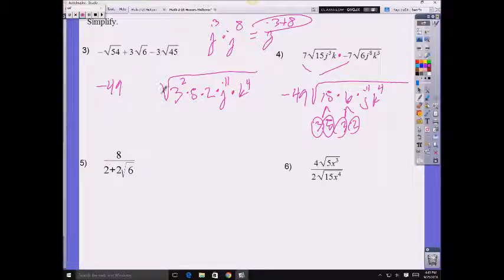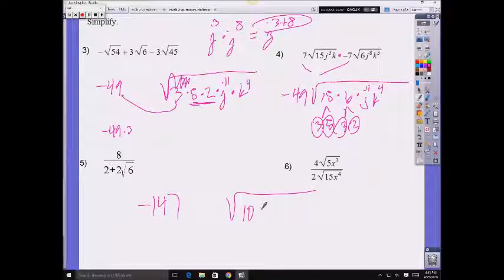Okay, so this square root is going to kill that square right there. So 3 comes out. So it should be a negative 49 times 3, which is a negative 147. On the inside, my 5 and my 2 turn to a 10. Okay, now, if I've got 11 j's, the question is, how many squares are there?